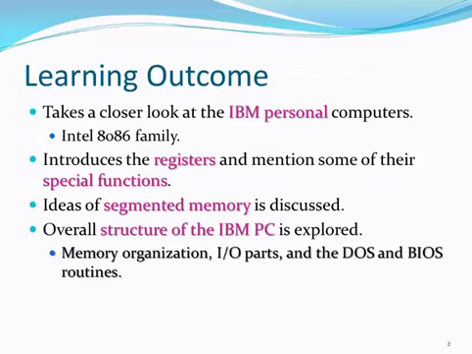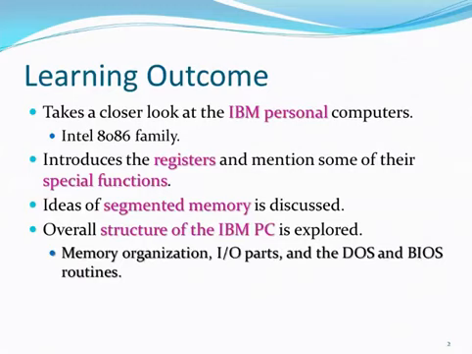Okay, not only that, you are also going to explore the overall structure of the IBM PC. Overall structure means the structure of the organization, the structure of the IO ports, and the DOS and BIOS routines. So these are the things that you are going to cover from chapter 3. Is that clear? So what did I say? We will have a look at the family.